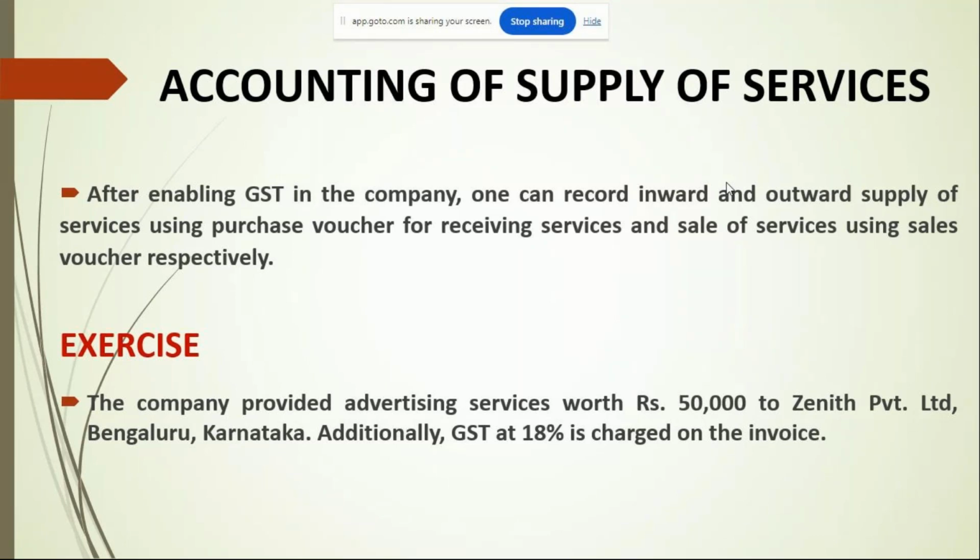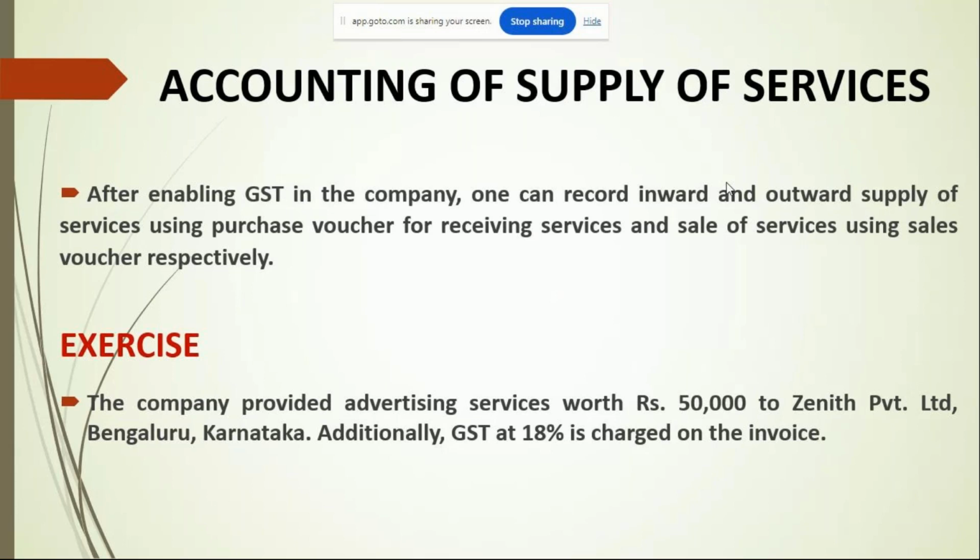So what this means is, how we treat the purchase of the stock items, the purchase of goods, by recording a purchase voucher and then the payment voucher, in the same way, whenever we are receiving any services, we never say we are purchasing services. Of course, it is not a pleasant word. So when we are receiving services, that time also we have to use the purchase function.